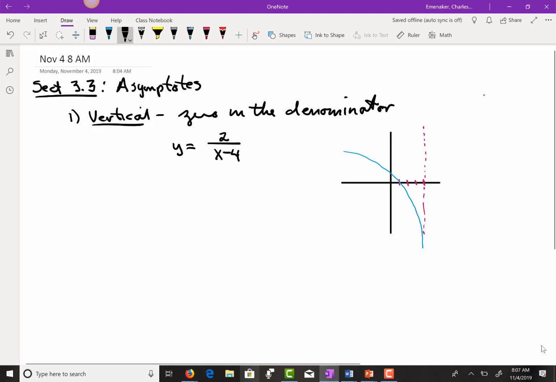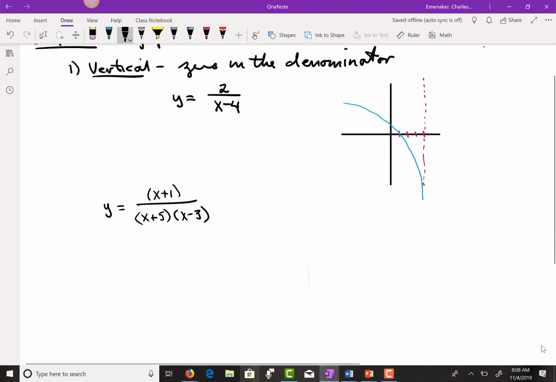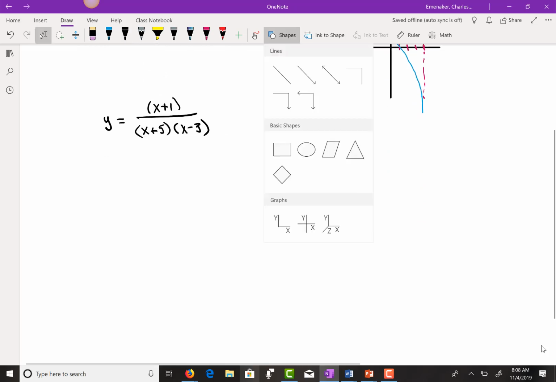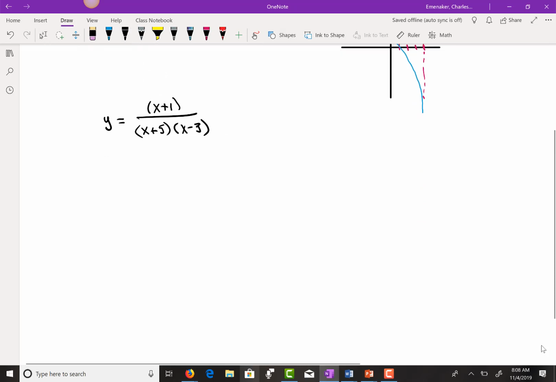Another scenario that can happen is if you have something like y equals, let's say something like x plus 1 over x plus 5 times x minus 3. Okay, what's going to wind up happening here is a couple things.